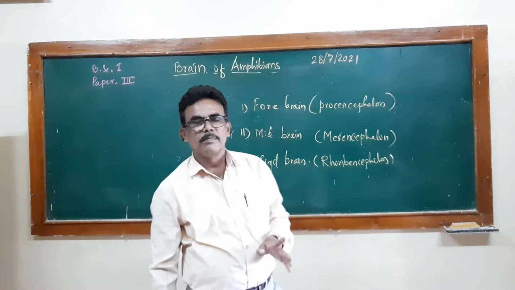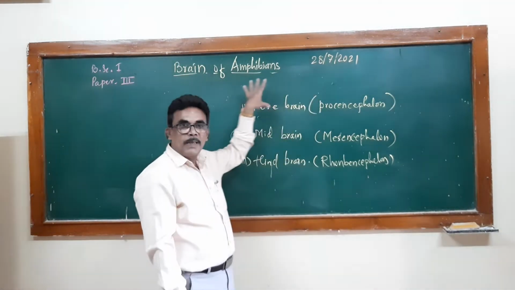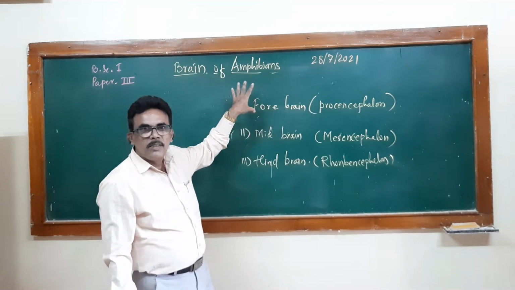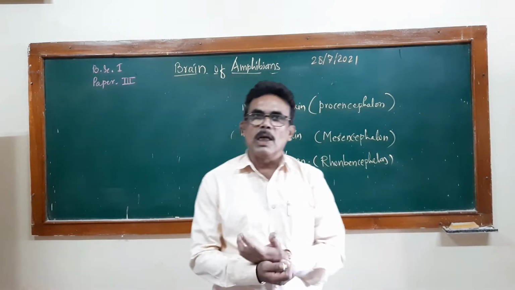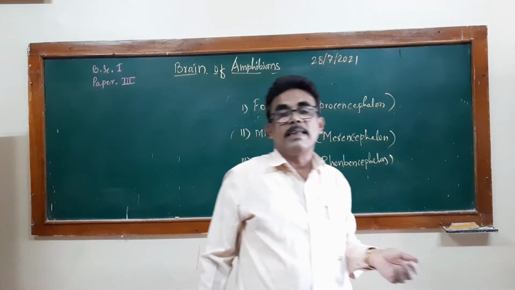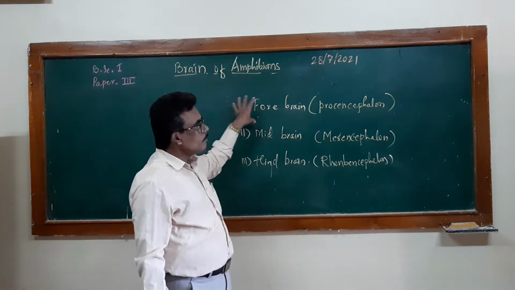The forebrain includes the olfactory lobes, that is the olfactory peduncle, olfactory lobes, and olfactory sacs, combinedly treated as olfactory lobes.